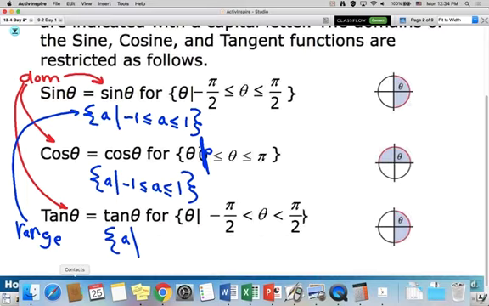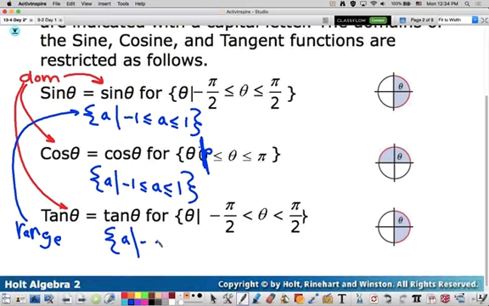That one's a little bit messy, so if anything is unclear, let me know. So again, blue is the range. What's in black already there is the domain. These are restricted domain functions.